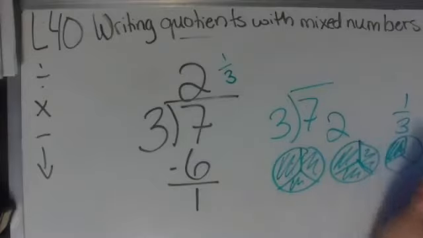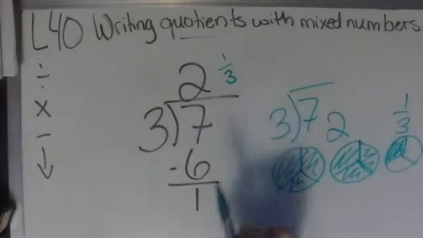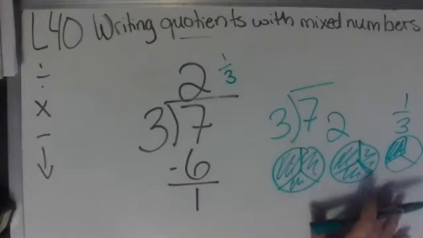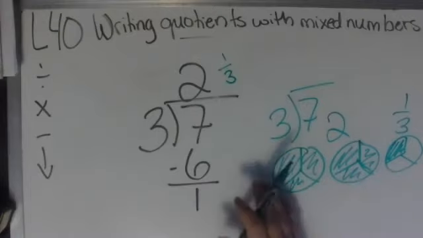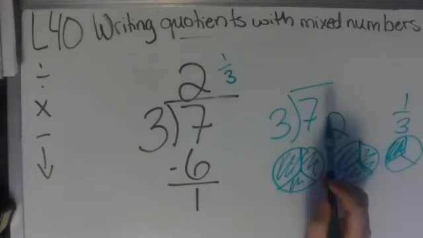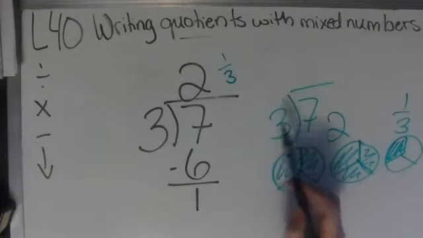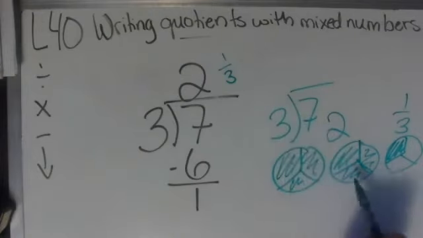That's why you use the divisor as the denominator: if you were to write it out in a fraction, that is actually what you would get. If you were filling out 7 pieces of 3s, 1, 2, 3, 4, 5, 6, 7, you have 2 wholes and 1/3 left.